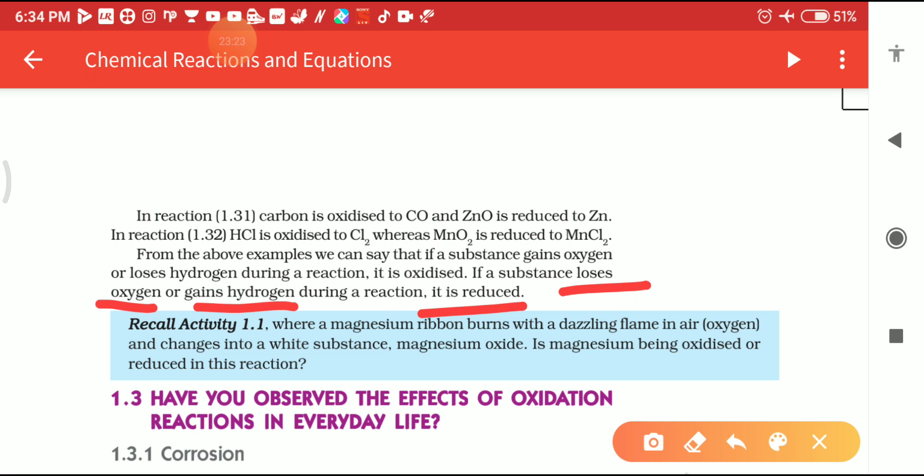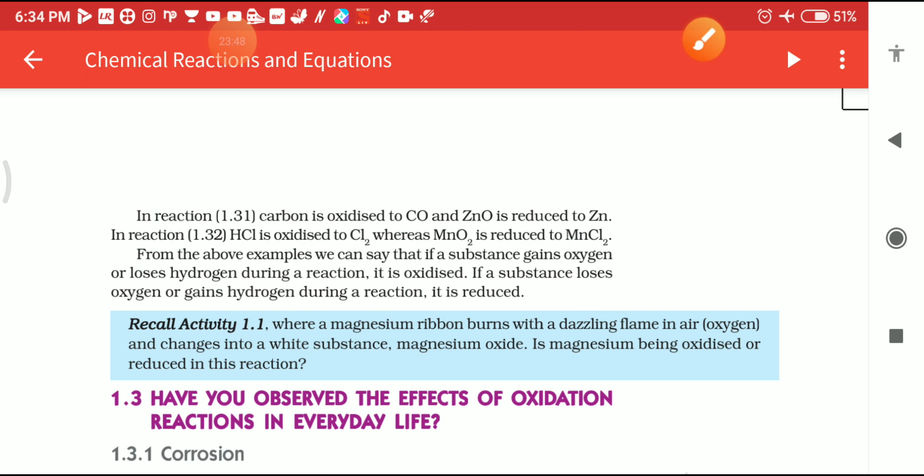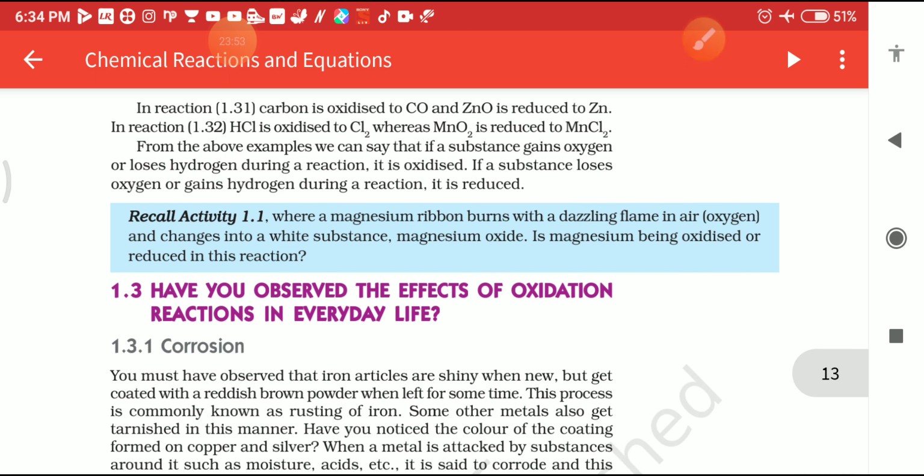So manganese dioxide is the oxidizing agent, whereas hydrochloric acid is called the reducing agent, the agent which can do the work. In simple terms, the agent that does the work is called the oxidizing agent and reducing agent.